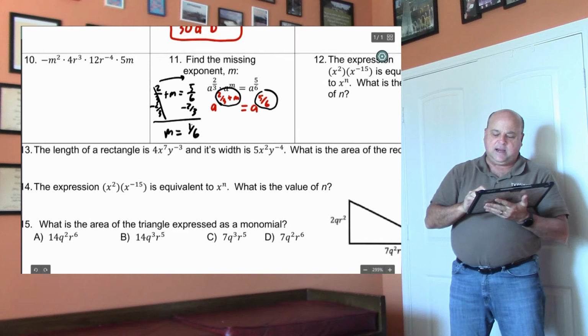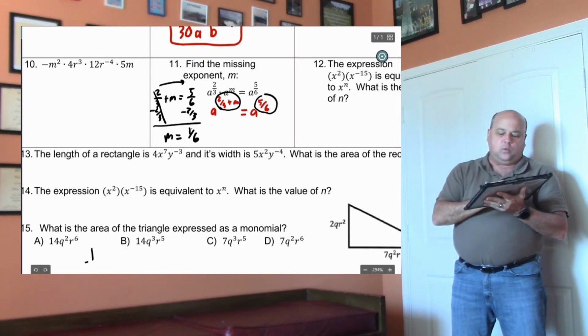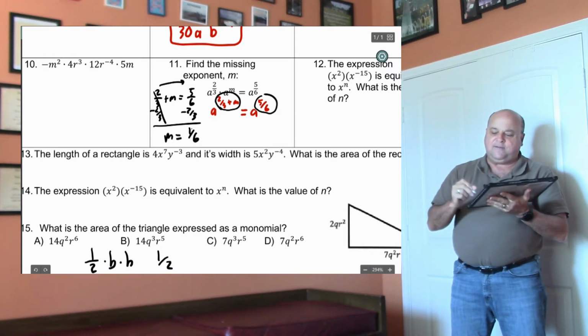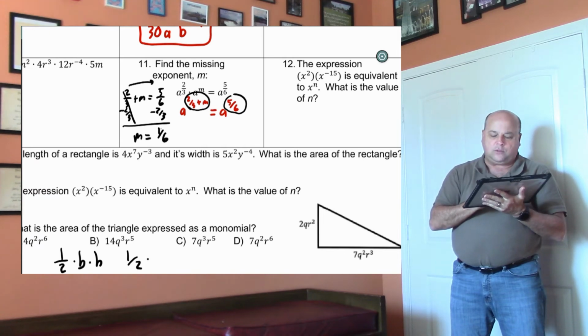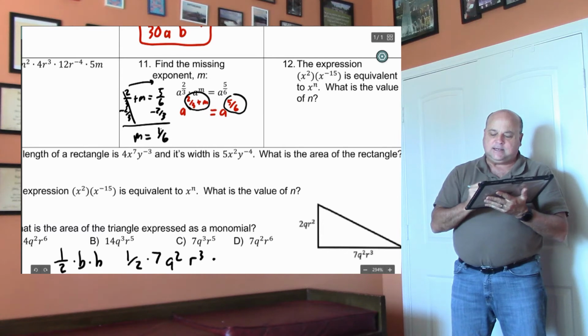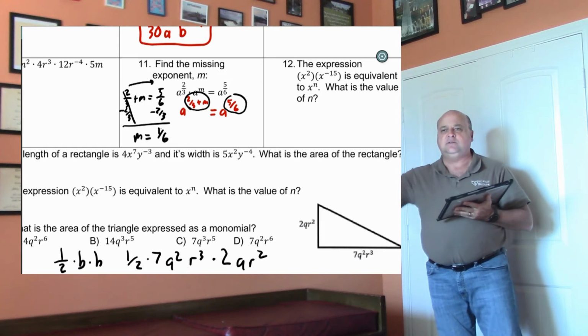Going to do one more for you. Let's go down to 15. We want the area of the triangle, and we're going to do 1/2 times base times height. So I'm going to have 1/2. My base is 7q squared r cubed, times 2qr squared. So 1/2 times my base times my height.